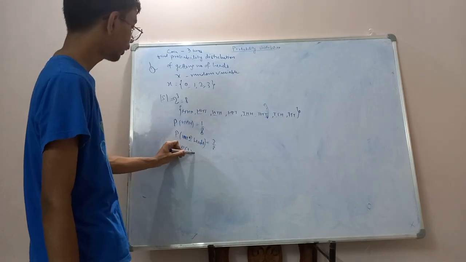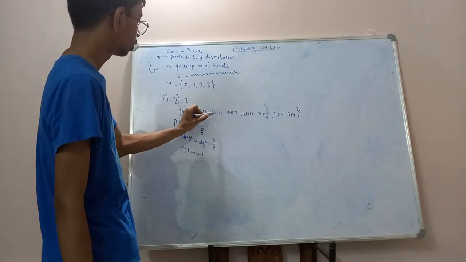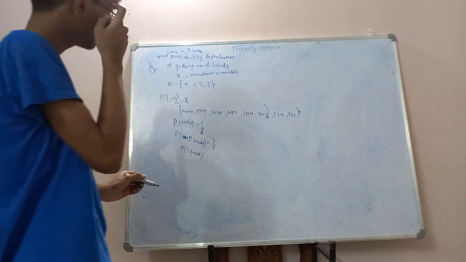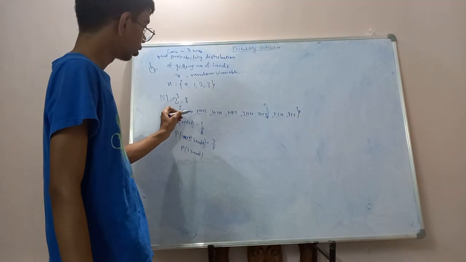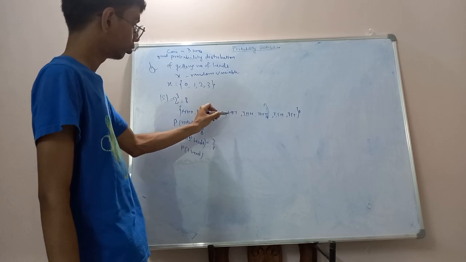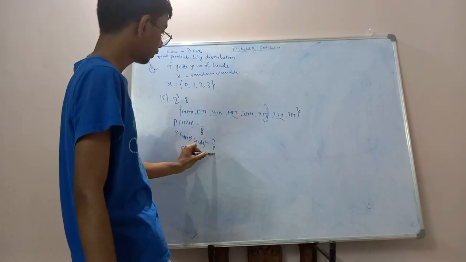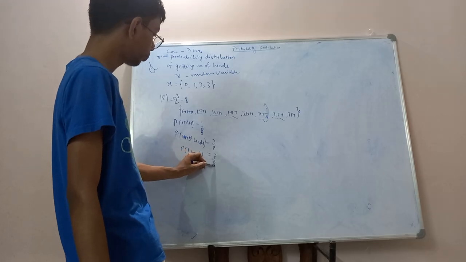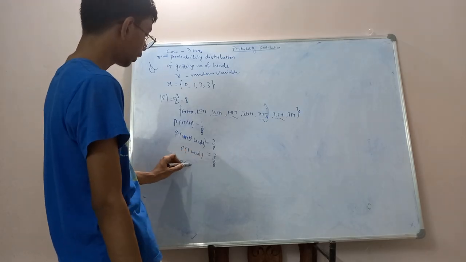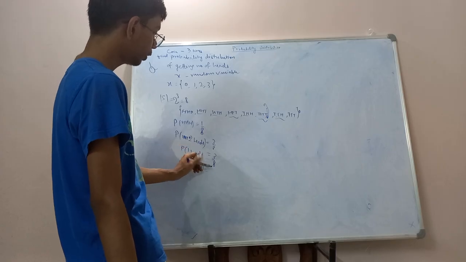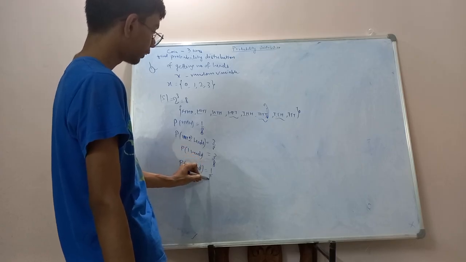Probability of getting only 1 head is again 3 by 8. And probability of getting 0 heads is simply 1 by 8.